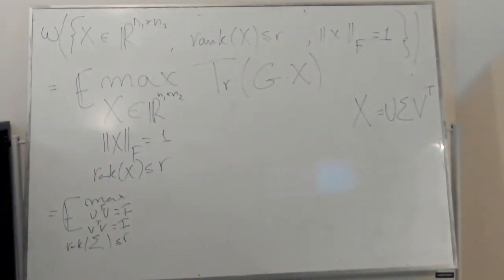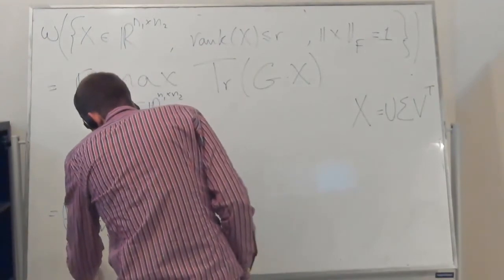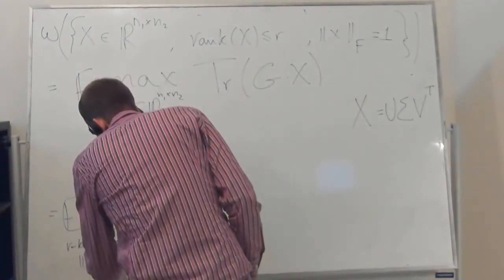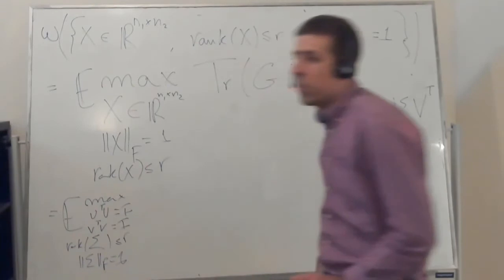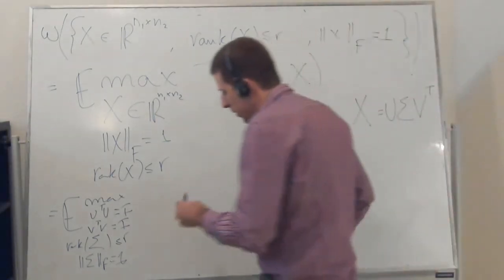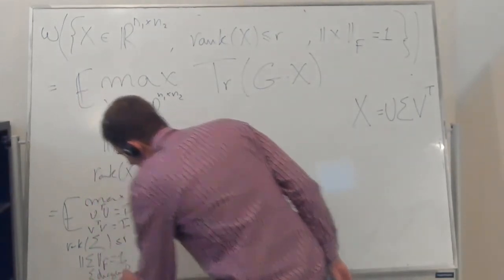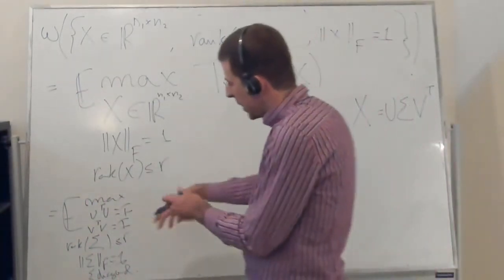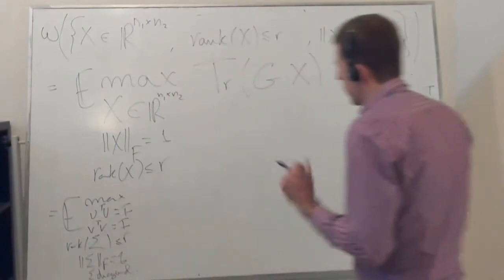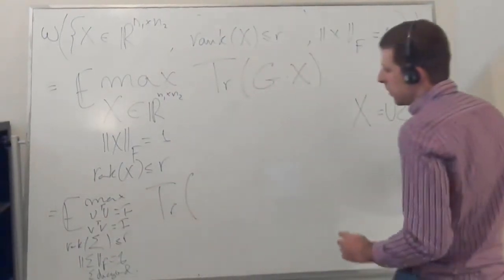and the Frobenius norm of sigma is 1, right? The sum of the squares of the singular values is 1, and this is diagonal. We can even take it to be just an R by R diagonal matrix; this depends on how we represent it.